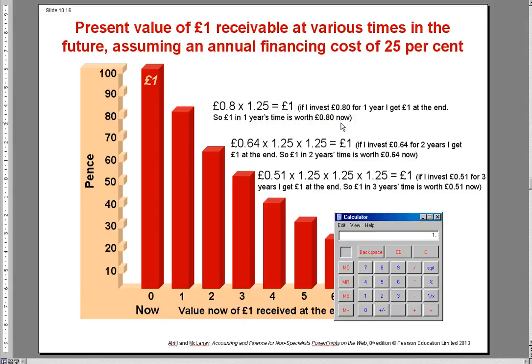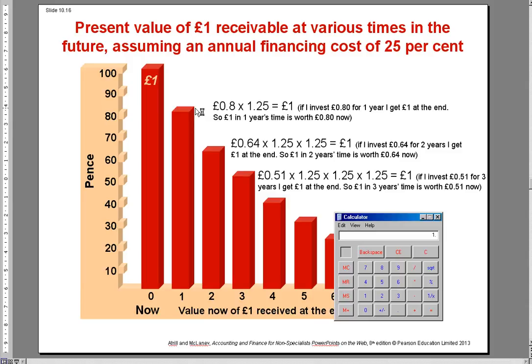So the interest rate is the way in which we can move money around in time. If I said to someone, I can pay you £1 in 1 year's time, how much will you give me now? The person investing wants a 25% return.